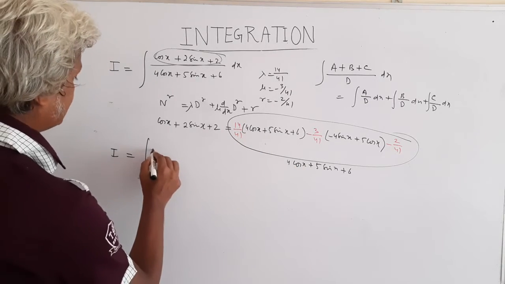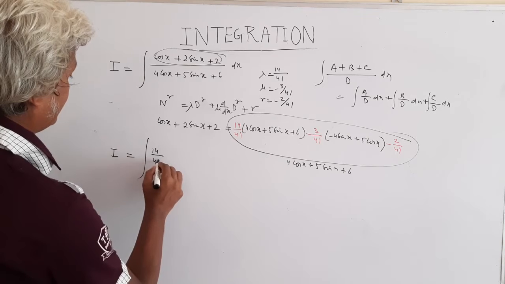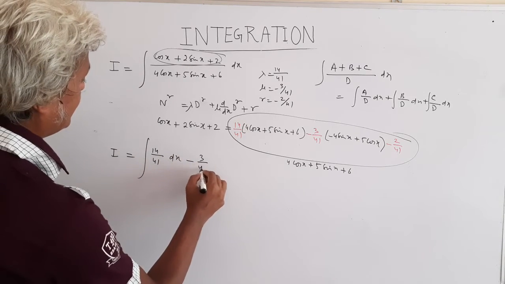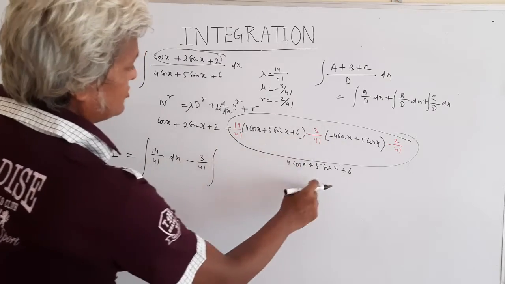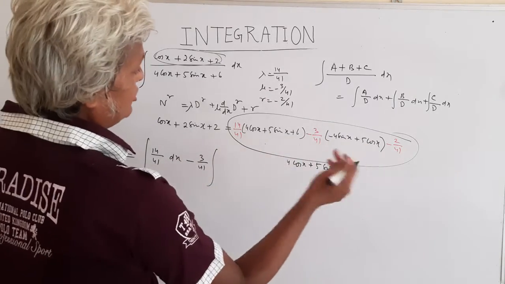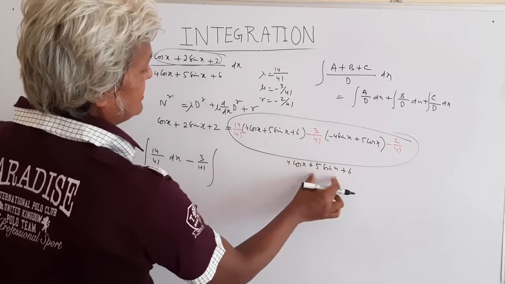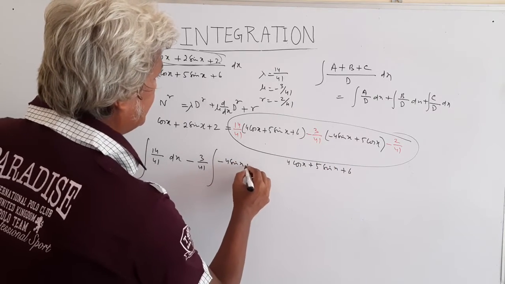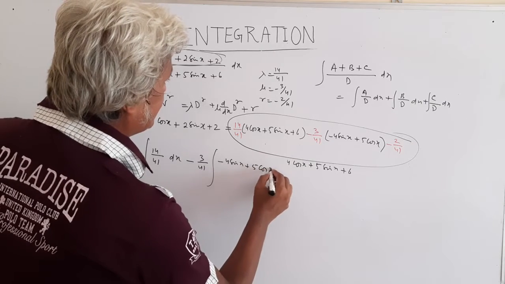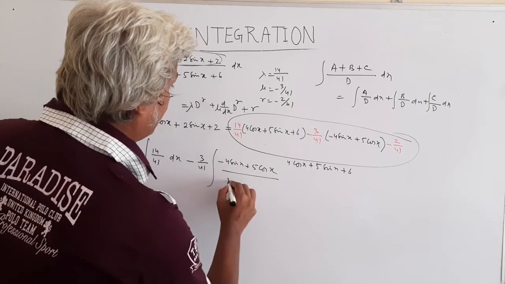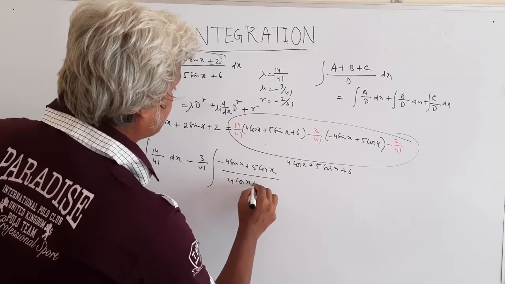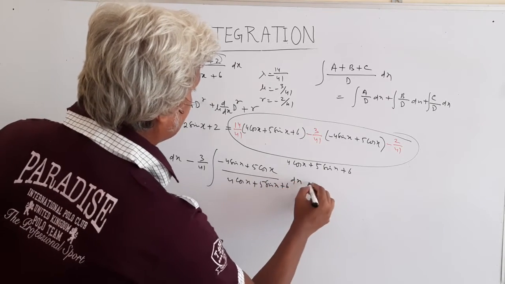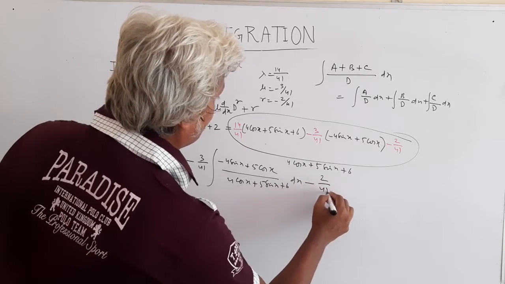So I write 14 upon 41 dx, just 1, minus 3 upon 41, this part, which is actually the differentiation of this part. So write minus 4 sin x plus 5 cos x over 4 cos x plus 5 sin x plus 6 dx, minus 2 over 41.